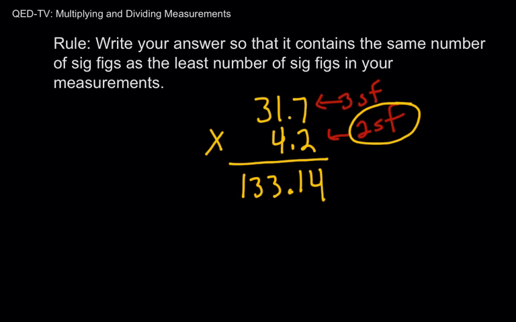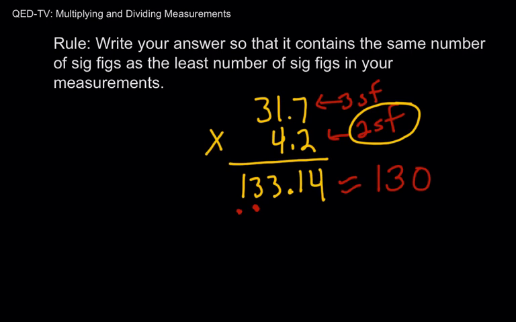So how do I write 133.14 with only 2 sig figs? Well, we start on the left side here, and we know that the 1 will have to be something that we know for sure, and the 3 must be our estimate. So it's our second sig fig. So we only have 2 sig figs. So our answer then is 130.